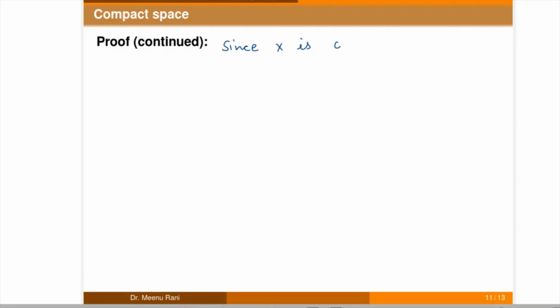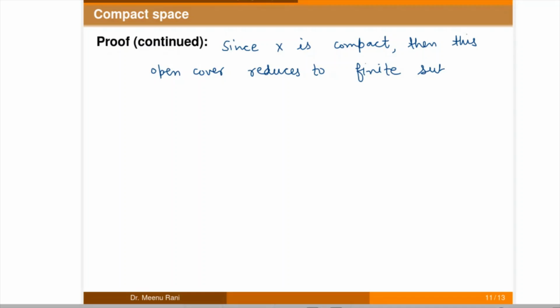Since x is compact, then this open cover has a finite subcover of x. So x is contained in the finite union of f inverse of v alpha i's.